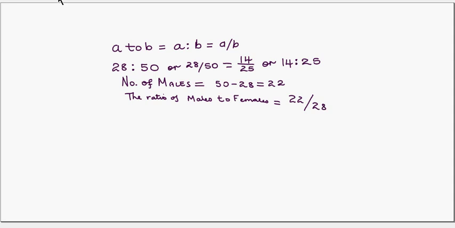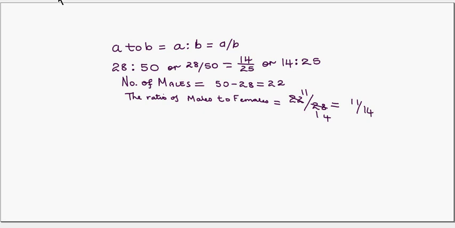So 22 over 28. But normally we don't leave it in this form because these two numbers, the numerator and the denominator, have a common factor. The common factor in this case is 2. So 2 into 22 will give me 11, and 2 into 28 will give me 14. So therefore, this 22 over 28 could be reduced to 11 over 14.